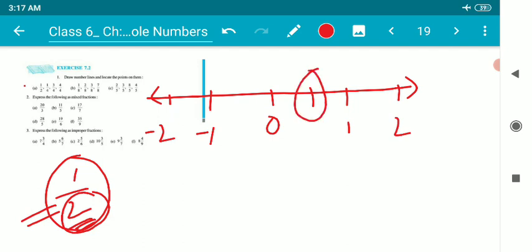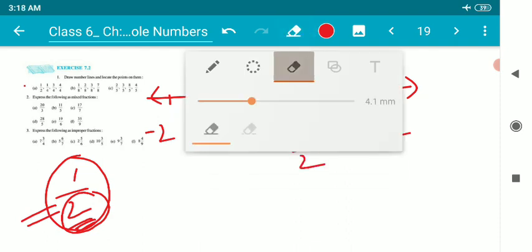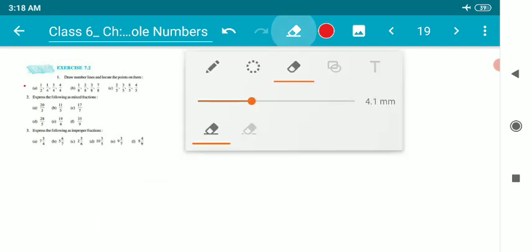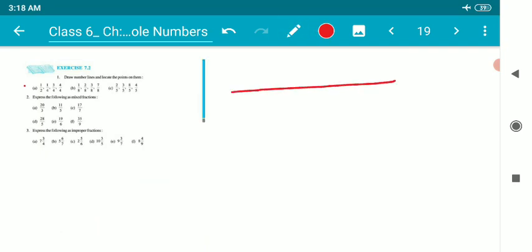So children, this part is 1 by 2. I believe it's clear to everyone. Now the next questions, 1 by 4, 3 by 4 and 4 by 4, I could have done on the same number line, but I want you to understand separately.